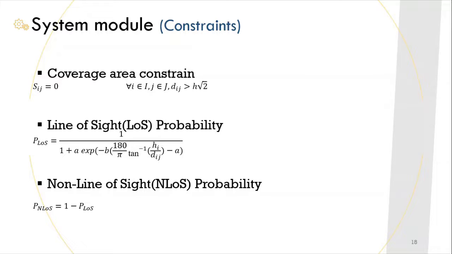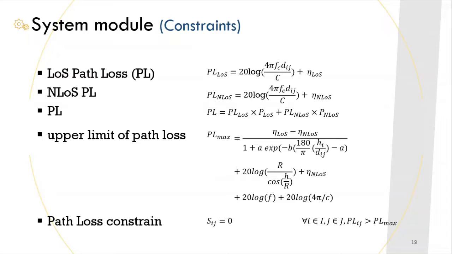The second constraint is path loss, and to calculate that we need to find the probability of LOS and NLOS. After that, we calculate path loss in both LOS and NLOS situations. Finally, we multiply the probability of each LOS and NLOS by the path loss to get the final path loss.